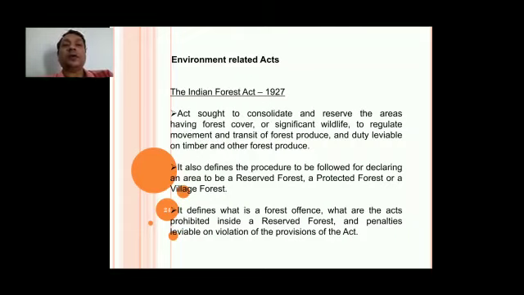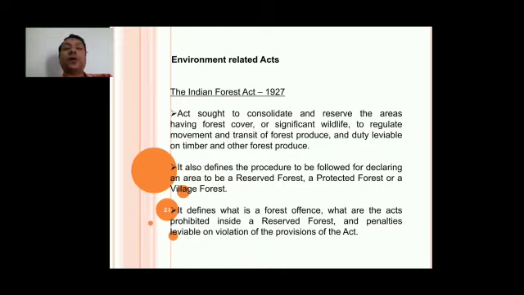The Indian Forest Act 1927, the act to consolidate and reserve the areas having forest cover or significant wildlife, to regulate movement and transit of forest produce and duty leviable on timber and other forest produce.